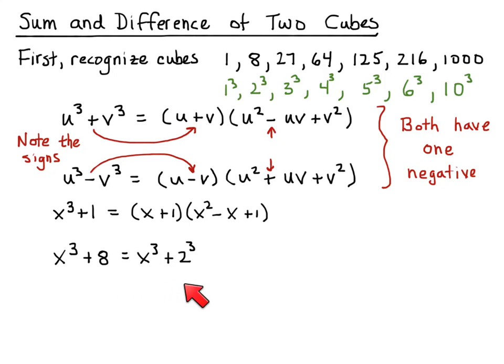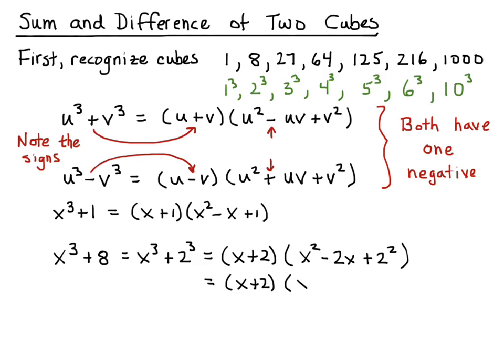You're going to use the 2 and do whatever you need to do to the 2 to make that expression work. So we'll factor this out. This comes out to be x plus 2 times x squared minus 2x plus 2 squared, and of course we'll simplify that last 2 squared to 4, so this is the way it looks, all right?